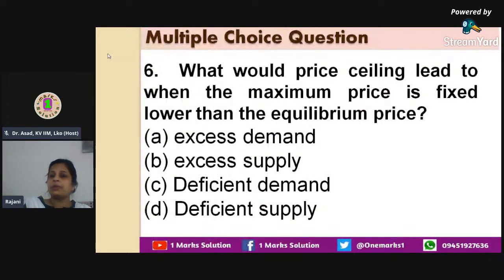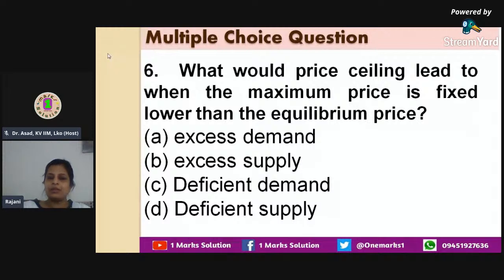One more concept is the price floor, which is to protect the producers. The price ceiling is to protect the consumers, and consumers are always related to demand. So here the question is, what happens if the maximum price is fixed lower than the equilibrium price?